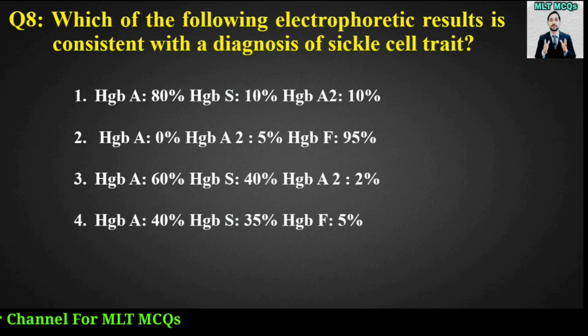And the right answer for this MCQ is option number 3, hemoglobin A 60%, hemoglobin S 40%, and hemoglobin A2 2%.